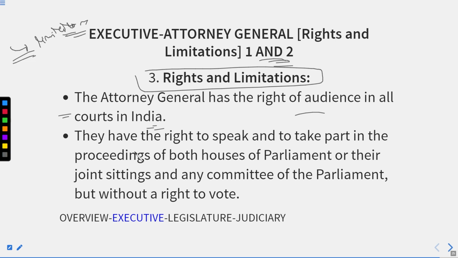They have the right to speak and to take part in the proceedings of both Houses of Parliament or their joint sittings and any committee of Parliament, but without a right to vote. Okay, suppose if something is being discussed, he could participate, he could speak in favor or against, but he could not participate in the voting to formulate a particular decision.